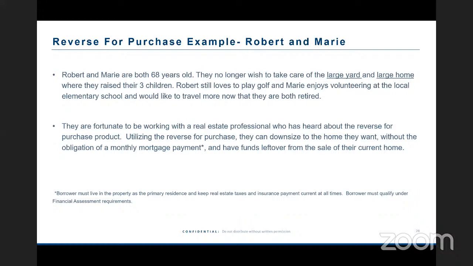And they will also have funds left over from the sale of their current home. So this is an example of downsizing, but upgrading. And you see on the screen that the borrower must live in the property as the primary residence and keep real estate taxes and insurance payments current.